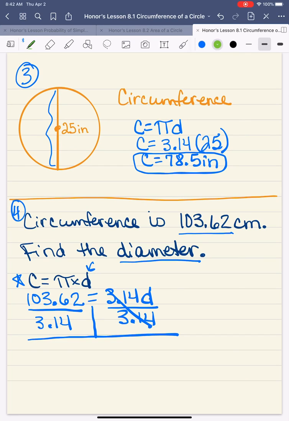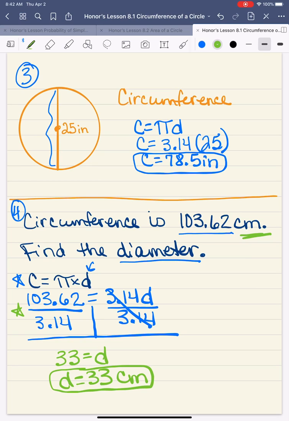So you're taking this side, 103.62, and dividing it by 3.14. Okay, that should give you 33, and that's your diameter. Our label will be centimeters. It's the distance across the circle, so that would just be centimeters.